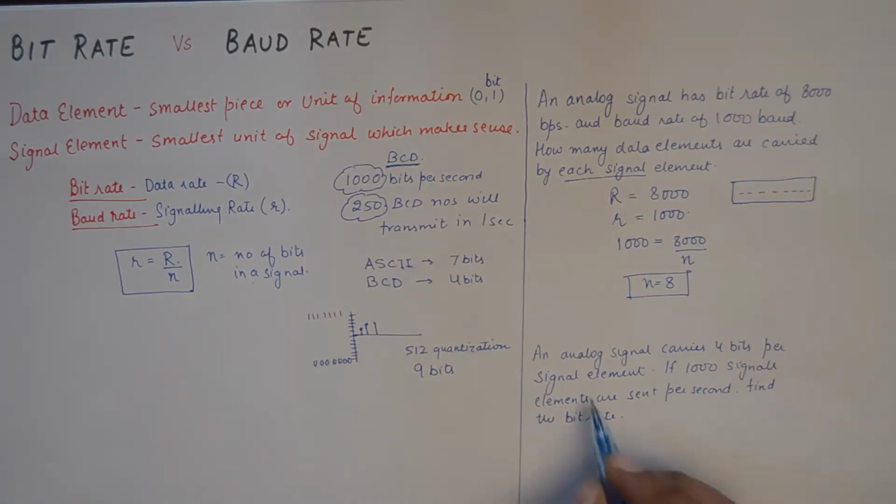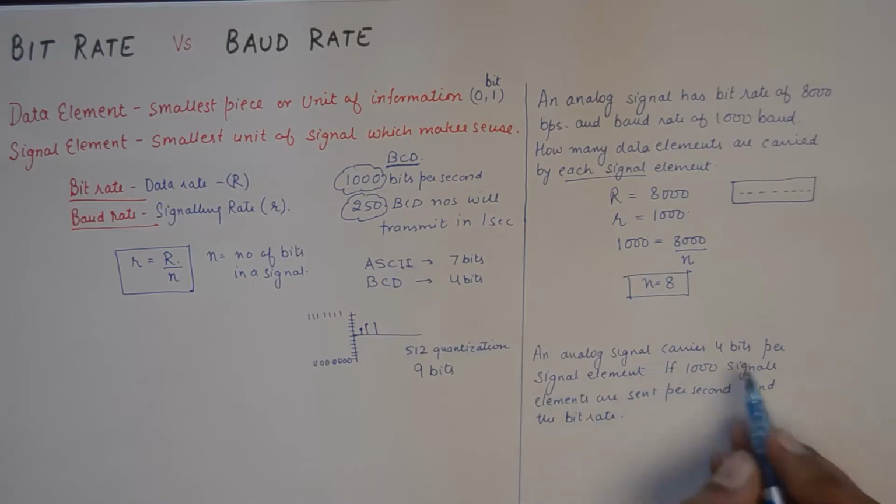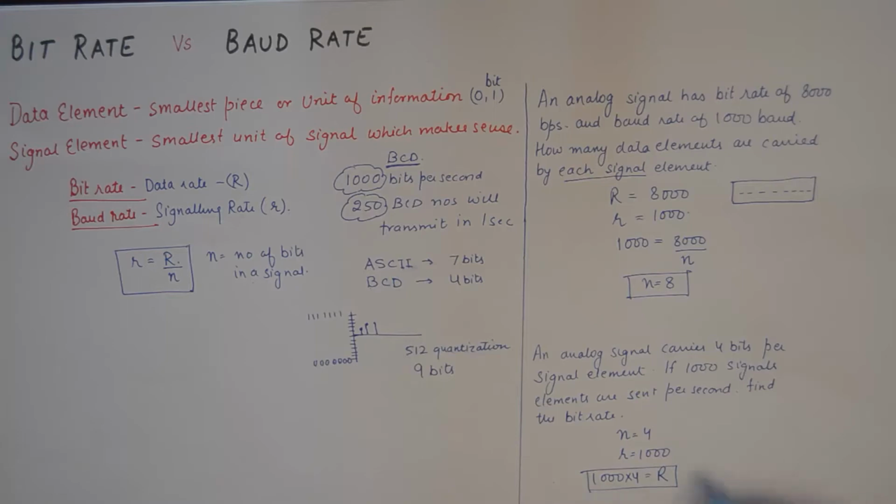And the second example is an analog signal that carries 4 bits per signal element. So n is 4. If 1000 signal elements are sent per second, small r is 1000. We need to find the bit rate. So the bit rate R will become 1000 into 4, so R will become 4000 bits per second.